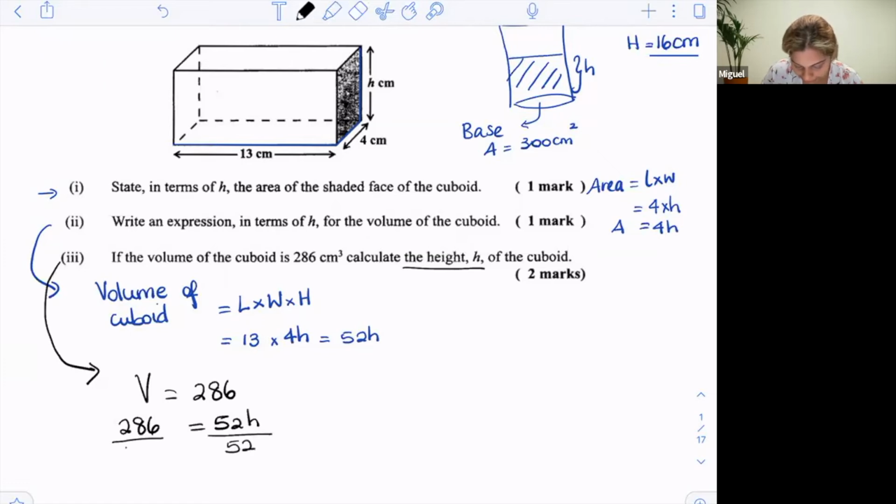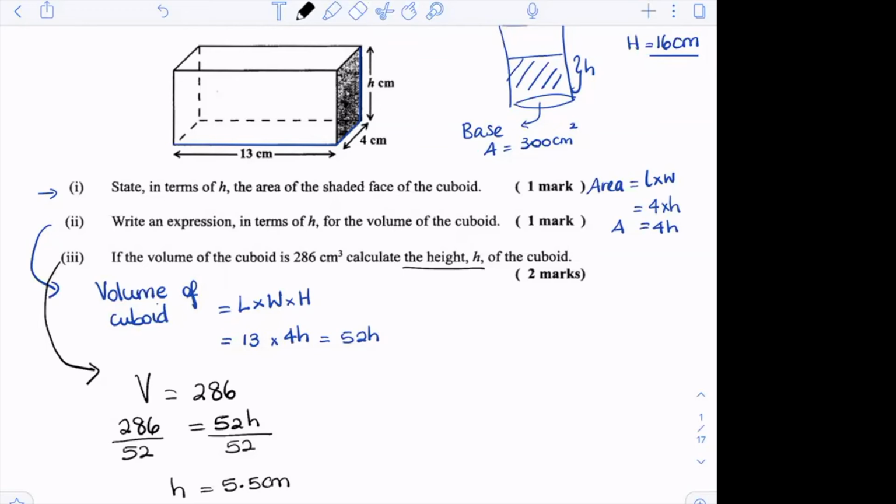More precisely, it is a number in front of the H, right? So if the number in front of H was 5, we would have divided by 5. But you were correct. Thank you. So H is 5.5 centimeters. Yes?